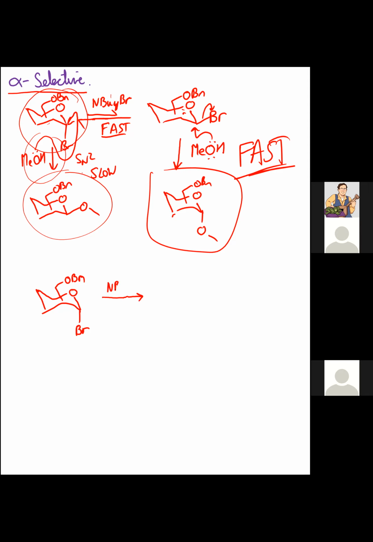You add tetrabutyl ammonium bromide. You don't need much, sort of catalyst. You add some methanol, and you add a solvent. Methanol, I know, is a solvent, but we're not using it as a solvent here. We're using it as a reagent. And that is going to lead to the alpha one.